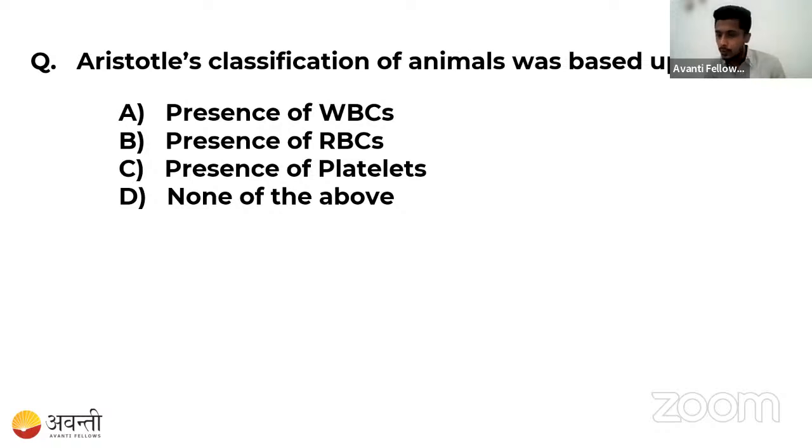So let me end the poll and see what's the right answer. See, the broadest level means which includes most of the common and uncommon organisms in one bigger category. For example, if you take species, it is more narrow, and in species we see the most similar characteristics, for example, humans.